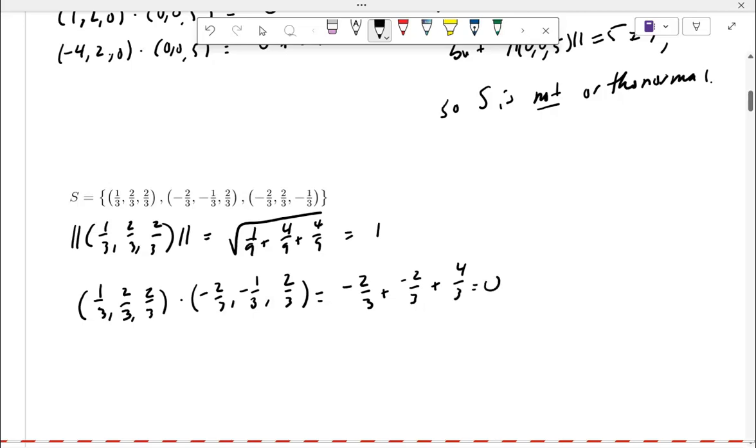You can check the other two. So you really do get an orthonormal set here. I didn't check all of it, but I'll leave that part to you.